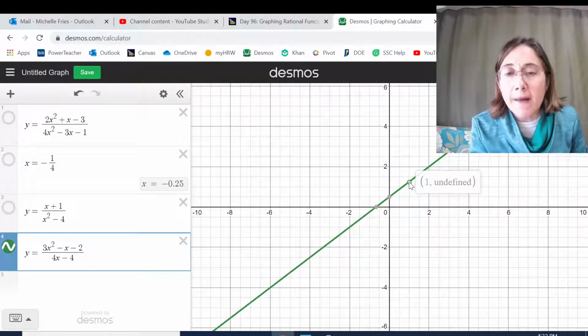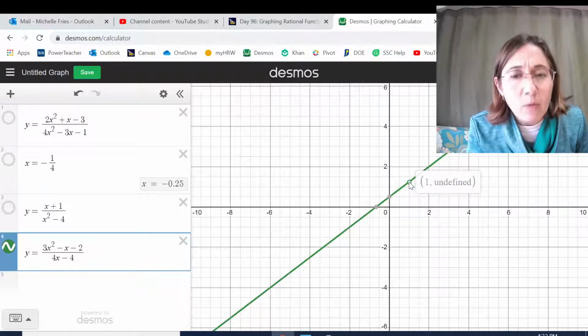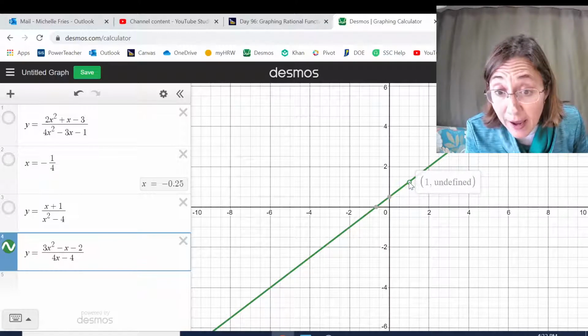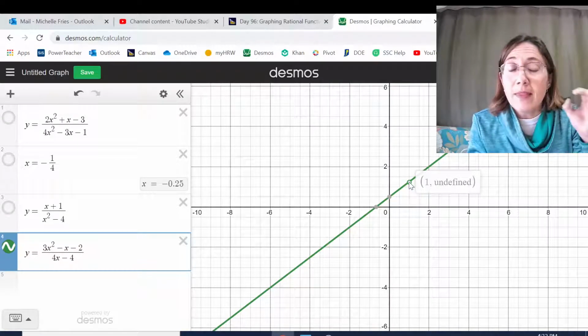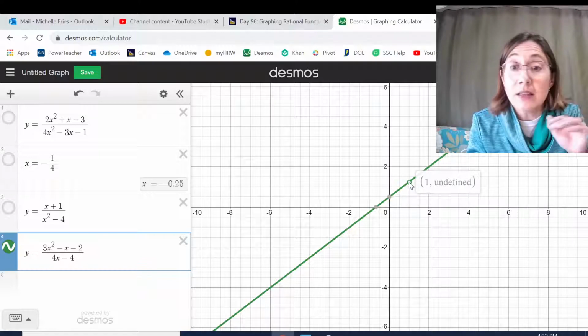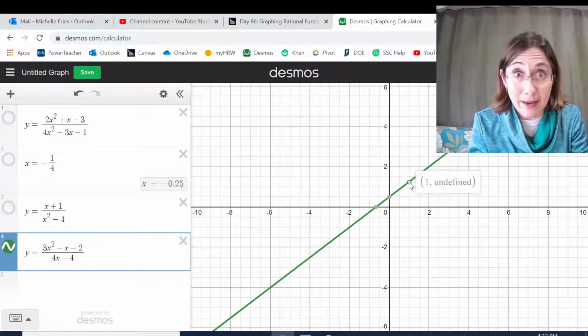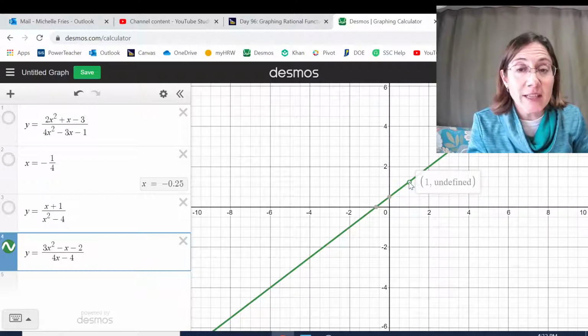There we go. Okay, so look at that ordered pair. See how it says 1, comma undefined? What that means is, and if you look under my arrow, do you see how it's an empty hole right there? That means if you plug 1 in for x, something weird is going to happen. So think about what that weirdness could be with what we have talked about with fractions and dividing by 0.